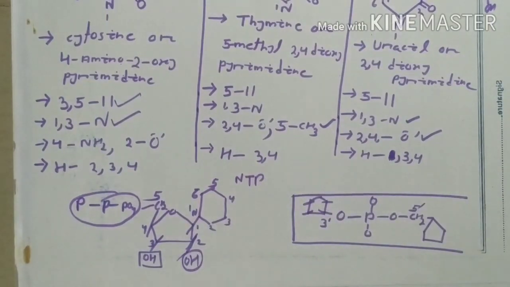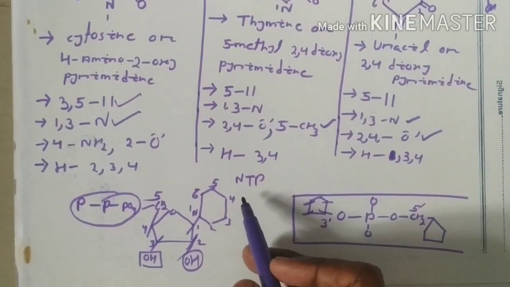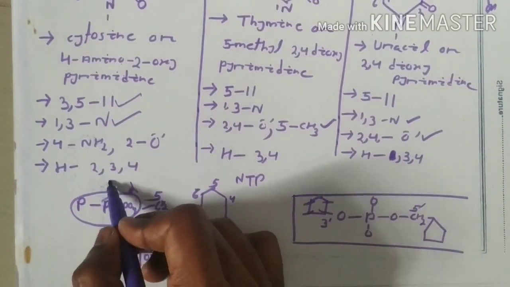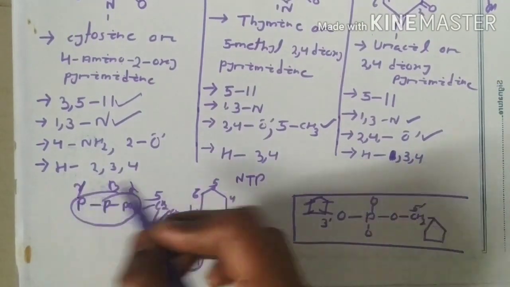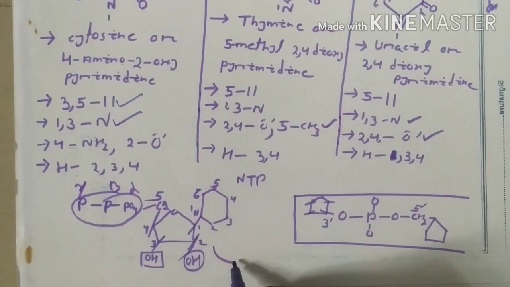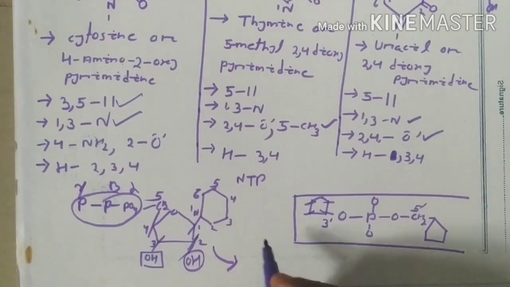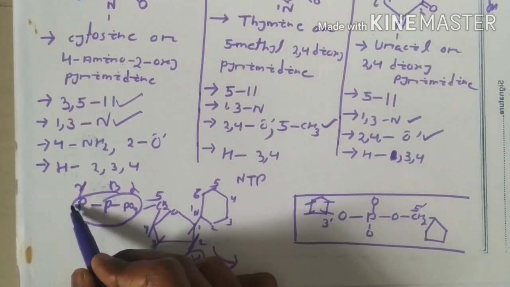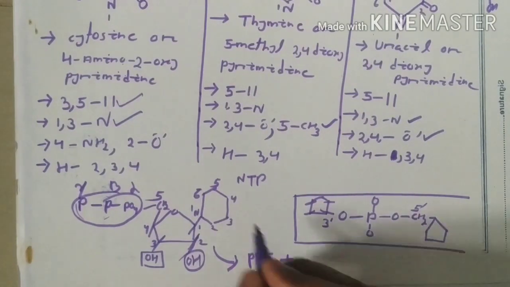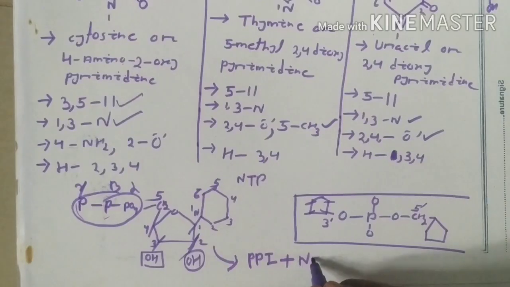This can be adenine, guanine, cytosine. These are alpha, beta and gamma phosphate. At the time of DNA formation, these 2 phosphate groups are removed as PPi, inorganic pyrophosphate, plus our NMP. What is NMP? Nucleotide monophosphate.